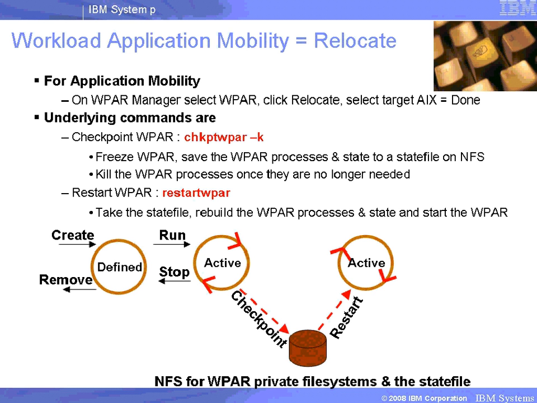Once we've saved all those details, the processes and the kernel state for those processes, we can then kill off those processes once they're no longer needed. All the information required to restart this WPAR is used by the restart WPAR command, and that takes that state information, rebuilds the processes and the kernel state, and then restarts the WPAR on the new machine, or the new copy of AIX.